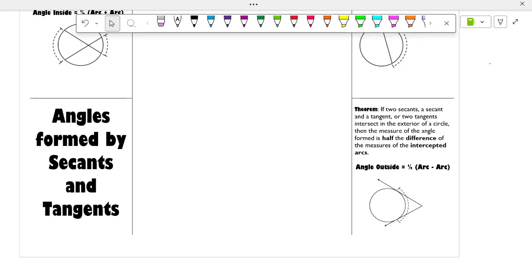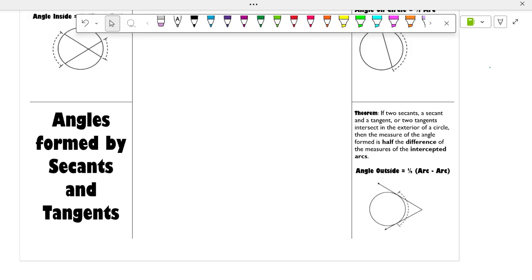What's a secant? You're close. It's a line that goes through the circle, hits at 2 points. So a secant is the line that goes through the circle and it intersects at 2 points. All right.